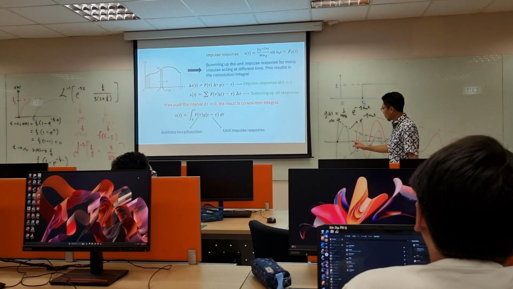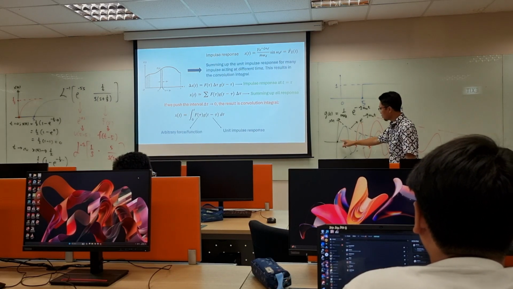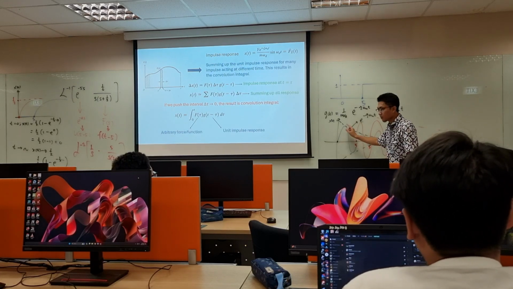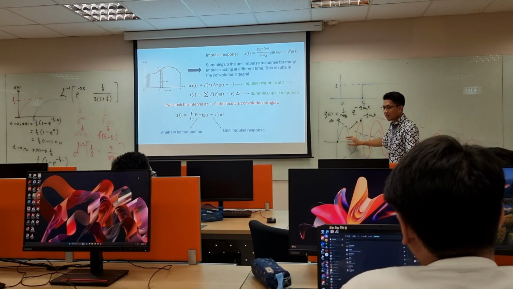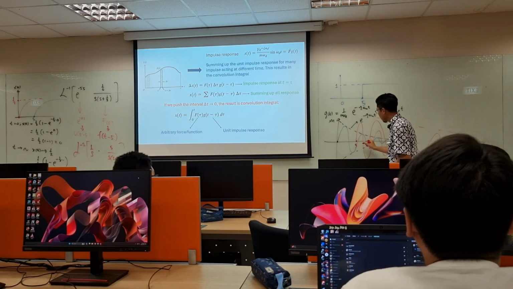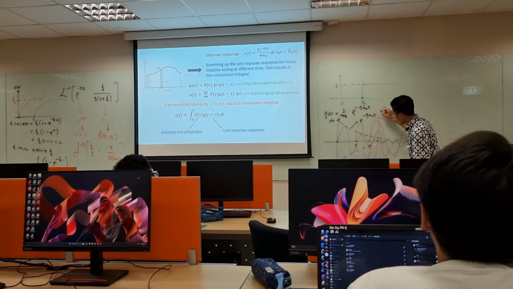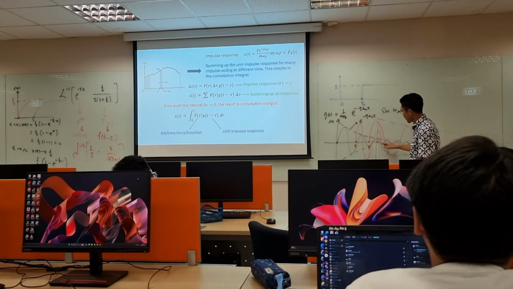But you imagine that all of this impulse response, I have to add them up from 0 to infinity. At t equal to 0, I have to add all of them up. Like for example, in here, you see how many waves that I have to add.